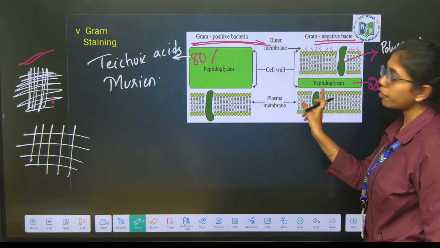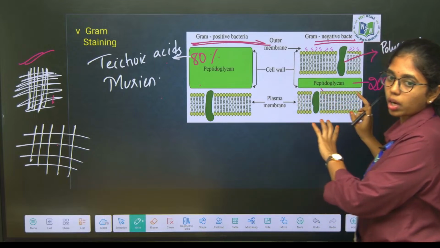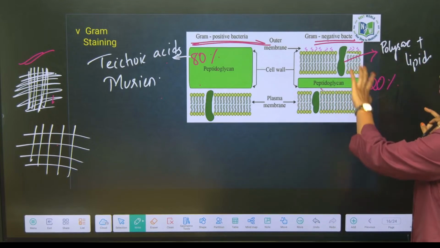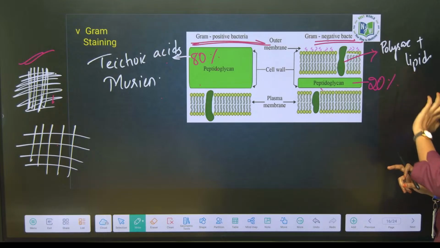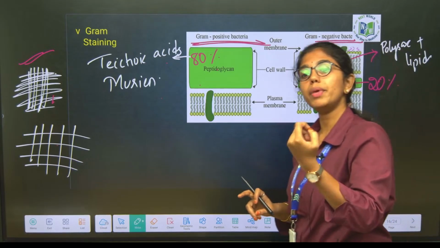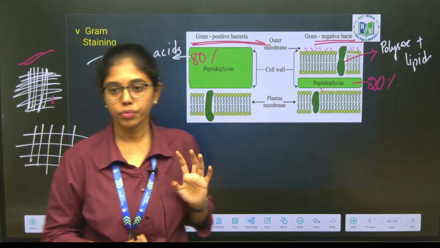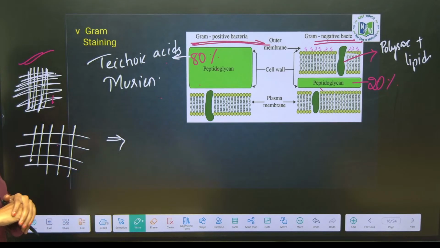So with this, what did we observe? These gram-negative bacteria can adapt to any conditions because of their cell wall of less peptidoglycan, more polysaccharides and lipids, and there is no murein here, no teichoic acids. Fine. So most of the pathogenic bacteria will be gram-negative bacteria only. Understood? Most of the gram-negative bacteria are what?